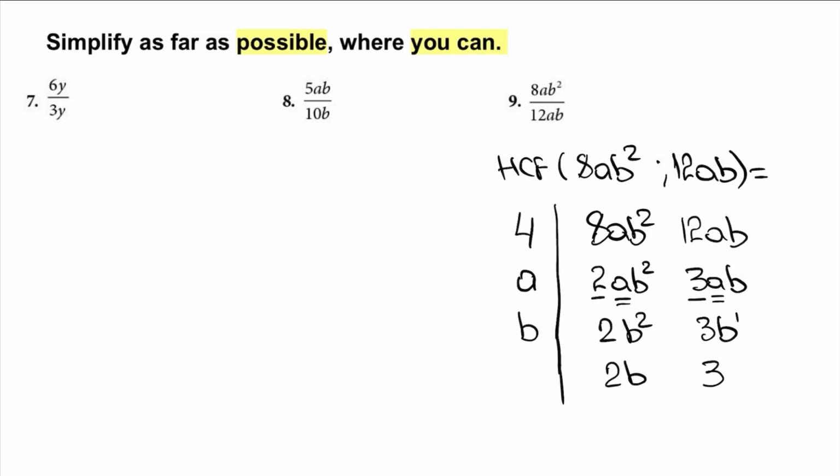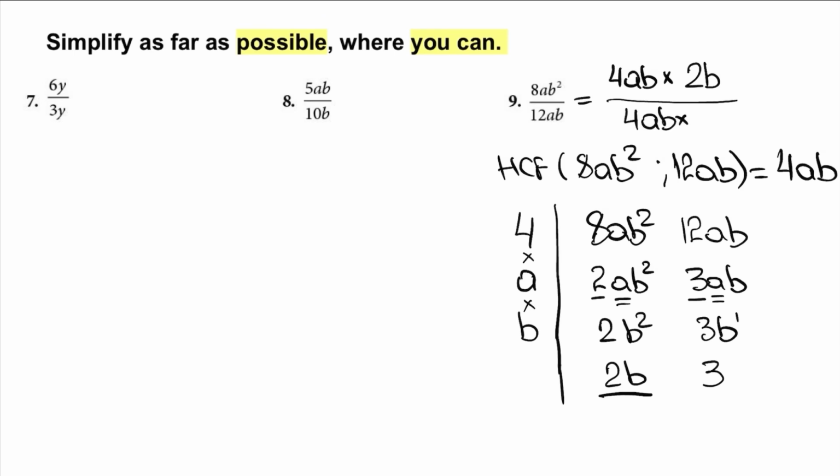So our highest common factor is 4 times a times b, which is 4ab. Now, 8ab squared can be written as 4ab times 2b, and 12ab can be written as 4ab times 3. We simplify this 4ab, and then we get 2b over 3. This is our answer for question number 9.